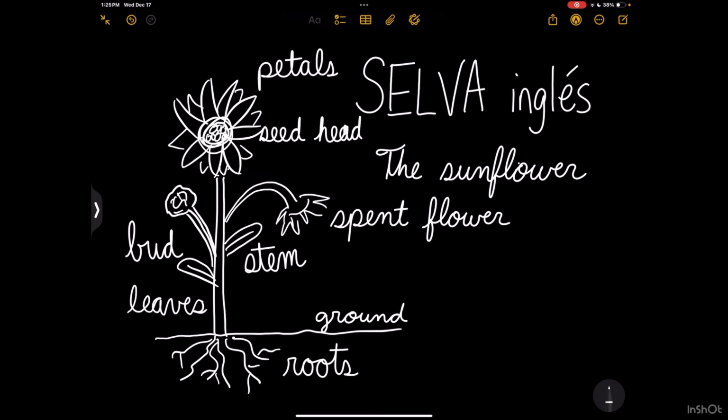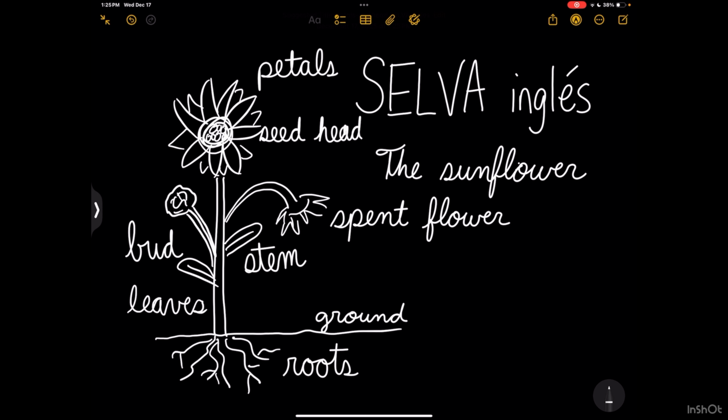Petals that go around. A bud is an unopened flower. A spent flower is one that has already done its thing. We have the stem. We have leaves coming off the stem. The ground.